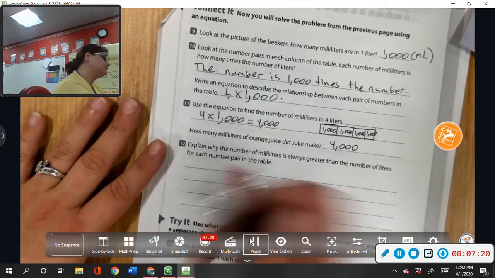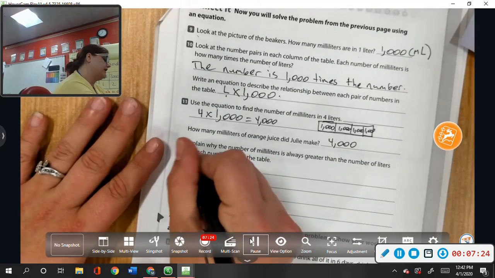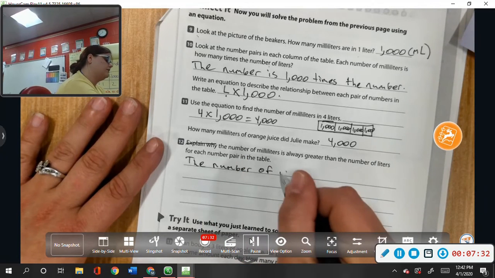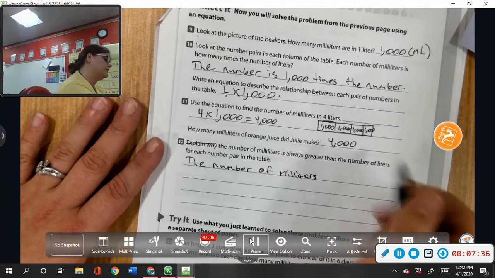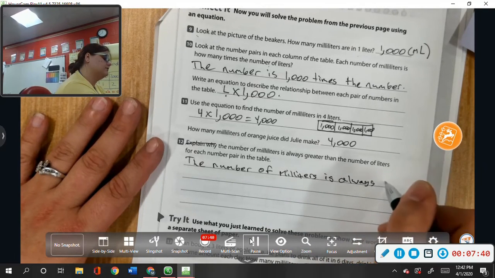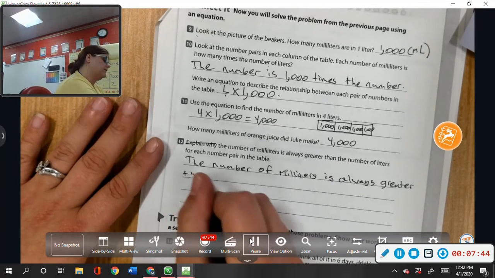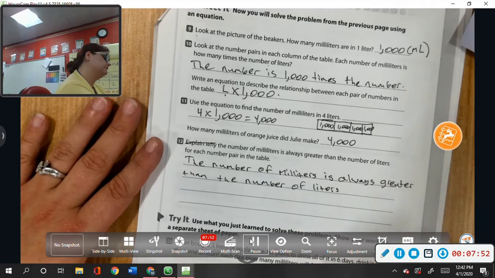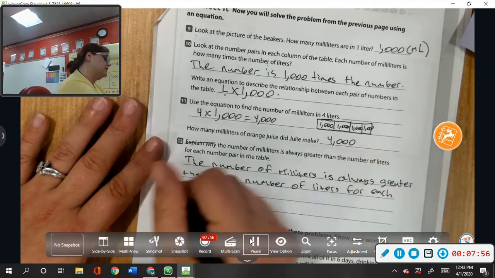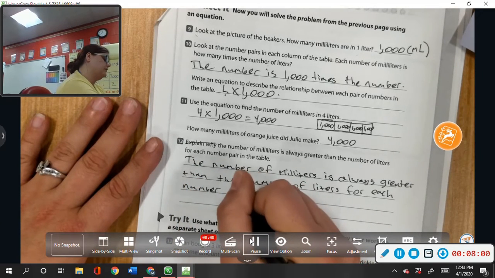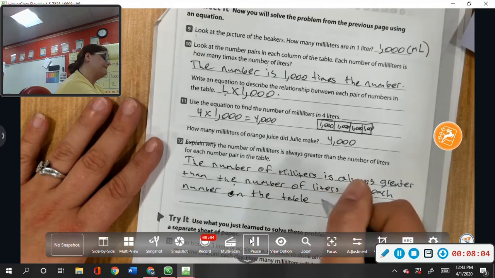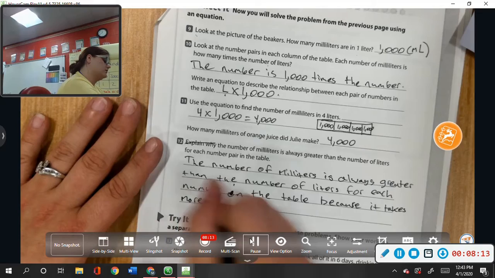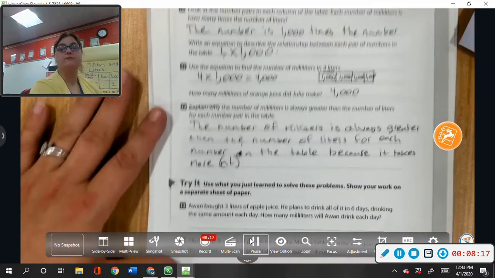So we can use RACE by canceling out our question words and saying the number of milliliters is always greater than the number of liters for each number in the table, because it takes more milliliters, and I'm just going to use the abbreviation, that way we might get used to using that abbreviation.